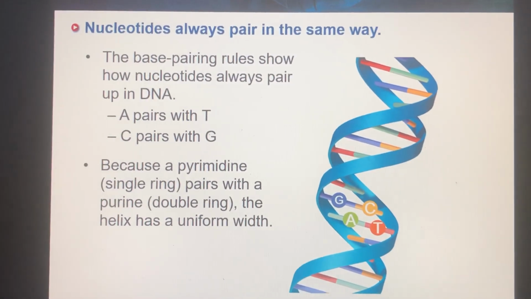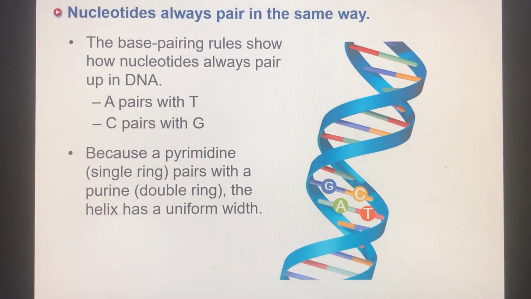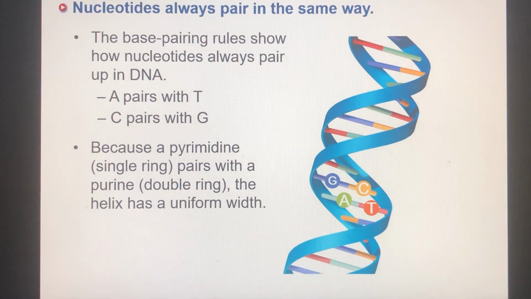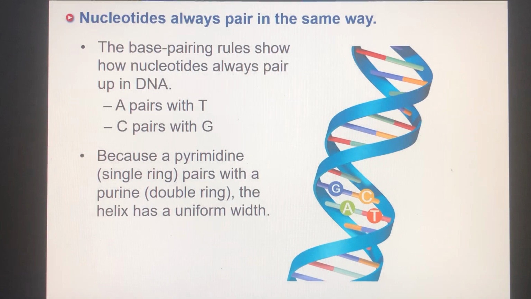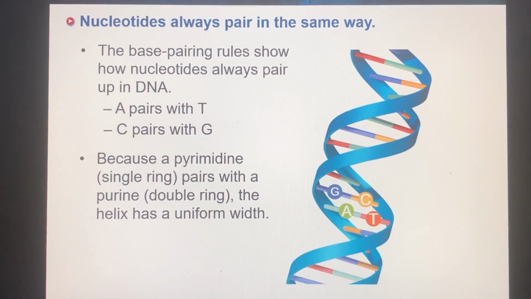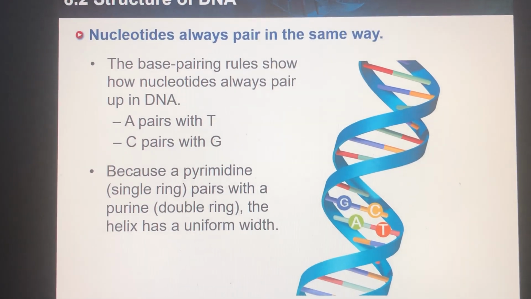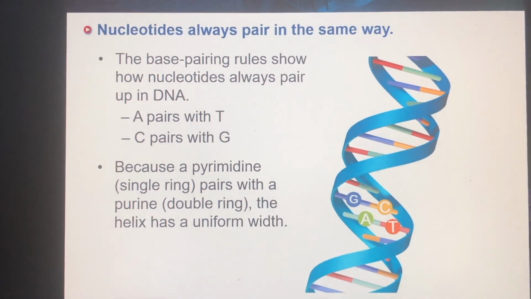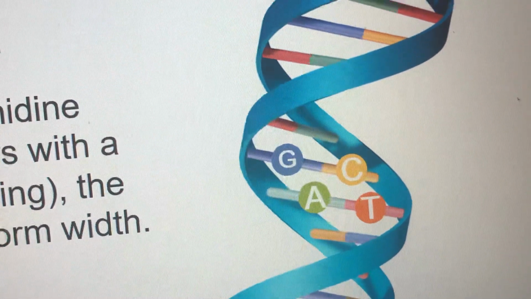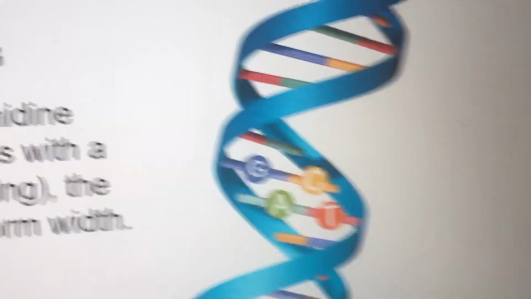If you notice that in each pair there is one pyrimidine and one purine. What does it mean? In each pair there are 3 rings. That's why there is equal width all over the length of the DNA. That's why Franklin found the even width of the DNA, or the even width of the double helix, because look, G and C, 3 rings, purine with pyrimidine.